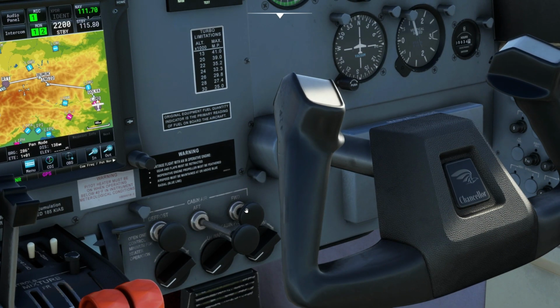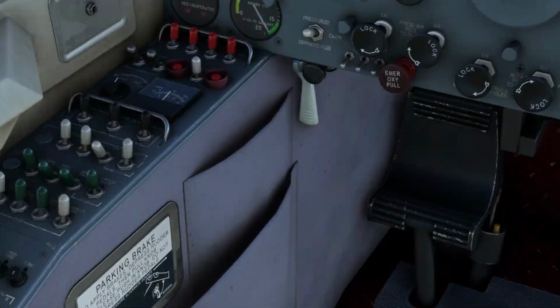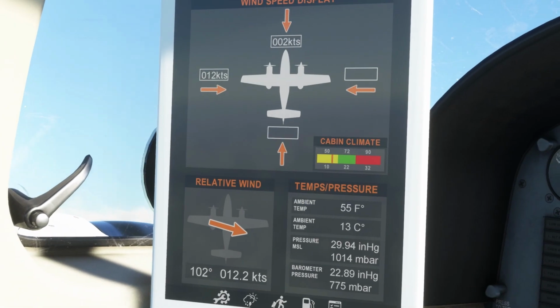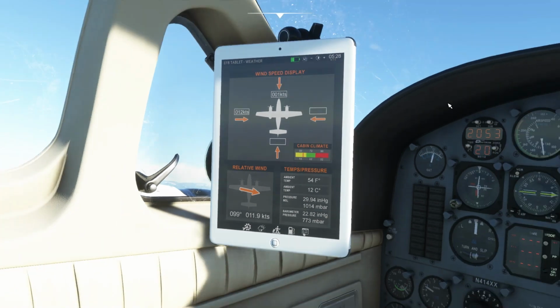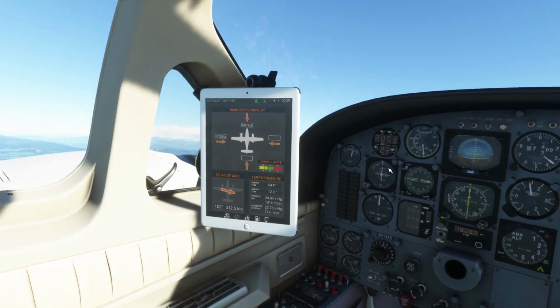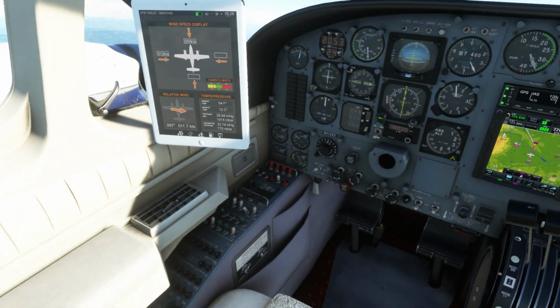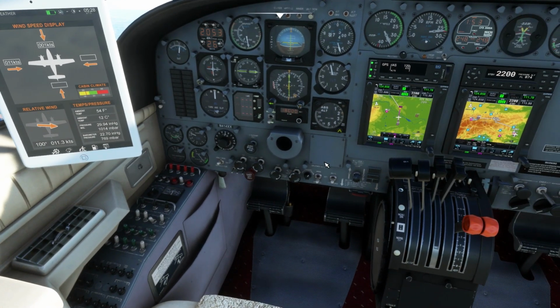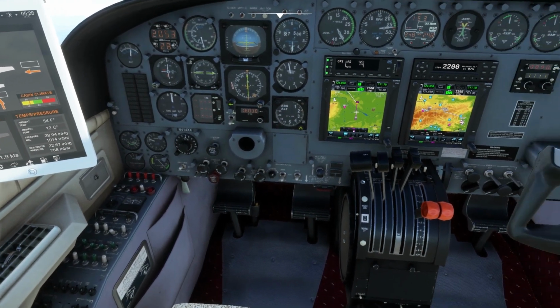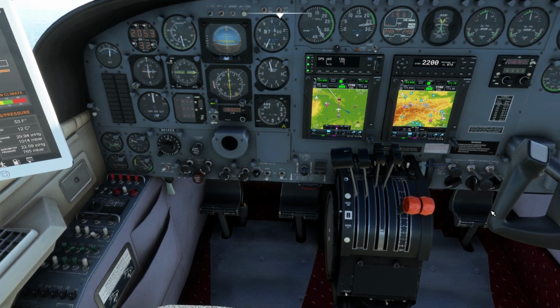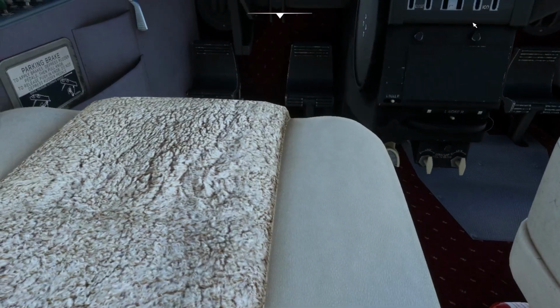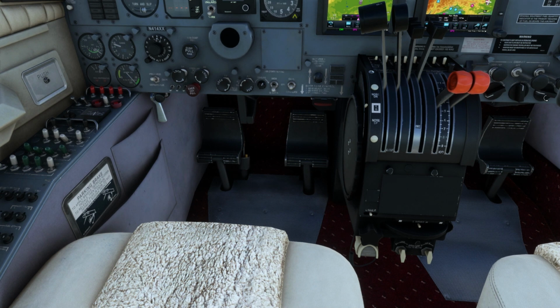Also, air vents should be opened, and now air is coming to the cabin, and we should see this rising. If it's not rising, we should close the slits that I've shown you.